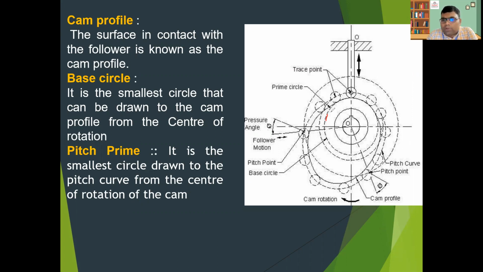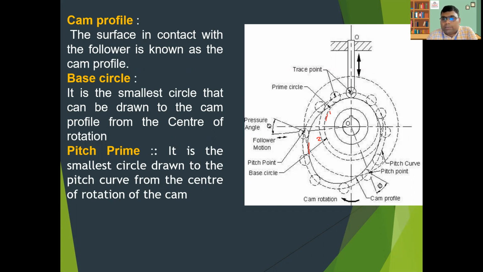The first one is the base circle. This one is called the prime circle, and the follower roller can be drawn as a curve. This curve is called the cam profile, which is desirable and which we will be interested to find out.